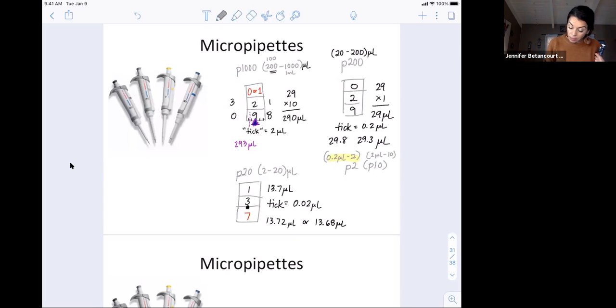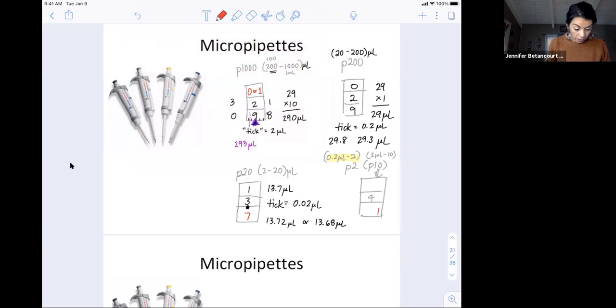I'll use the P10 because that's the one we actually have here. This also has a red bottom number, okay? And I also pretend there is an imaginary decimal point there. Right now this one is set to 4.